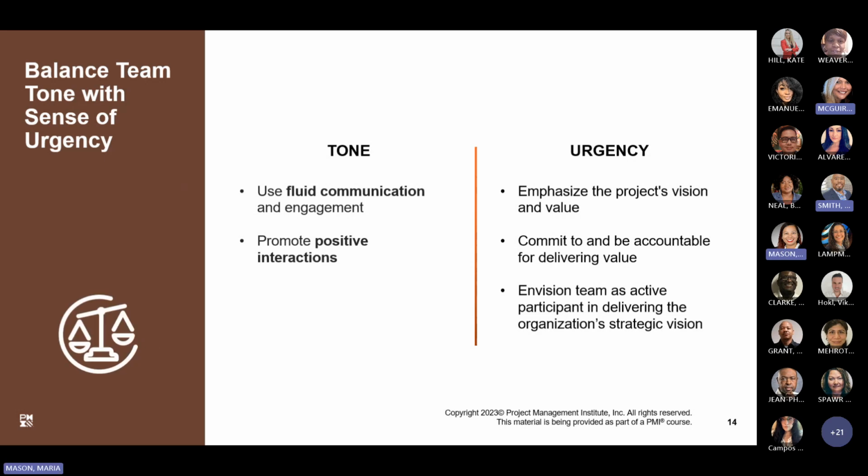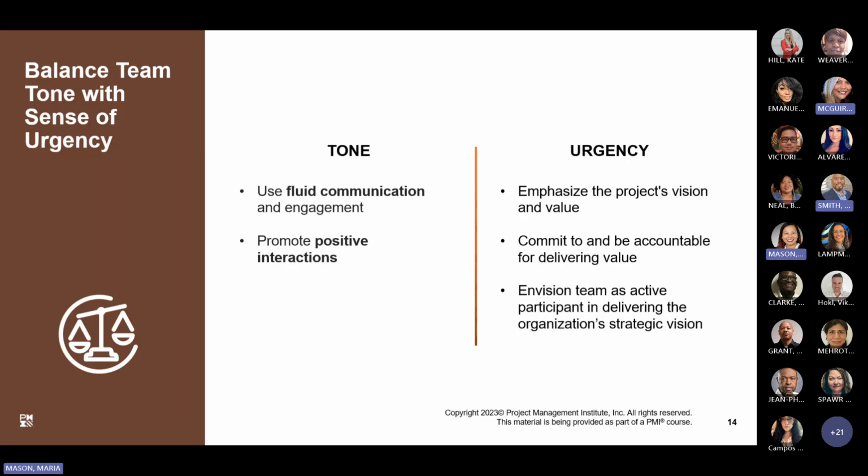Balancing the team tone with a sense of urgency. And so when we talk about tone and urgency, it's important to provide an environment where your team members feel a sense of value and that they are empowered to contribute to the overall success of the project. So we talked earlier about ensuring that the team feels like it's a psychologically safe environment.